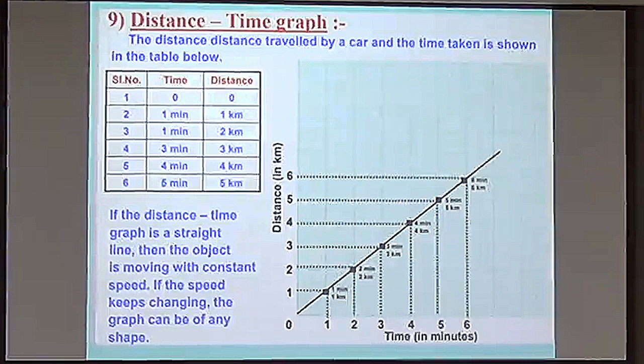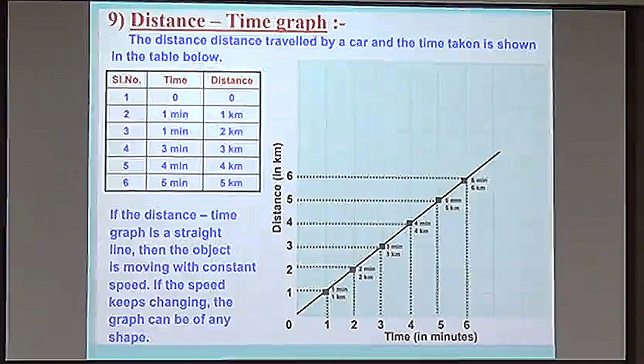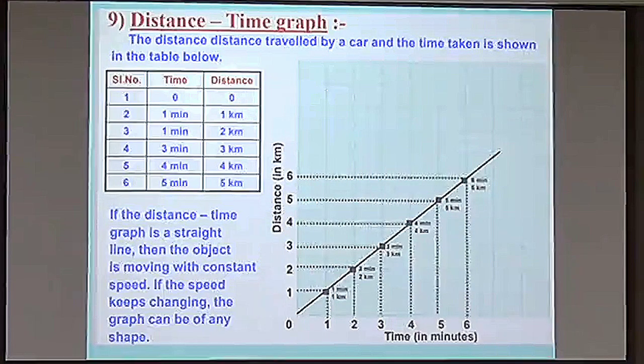So you have to keep in mind, if the distance time graph is a straight line, then the object is moving with a constant speed, and if the speed keeps on changing, then the graph will no longer remain a straight line. It can take any shape.